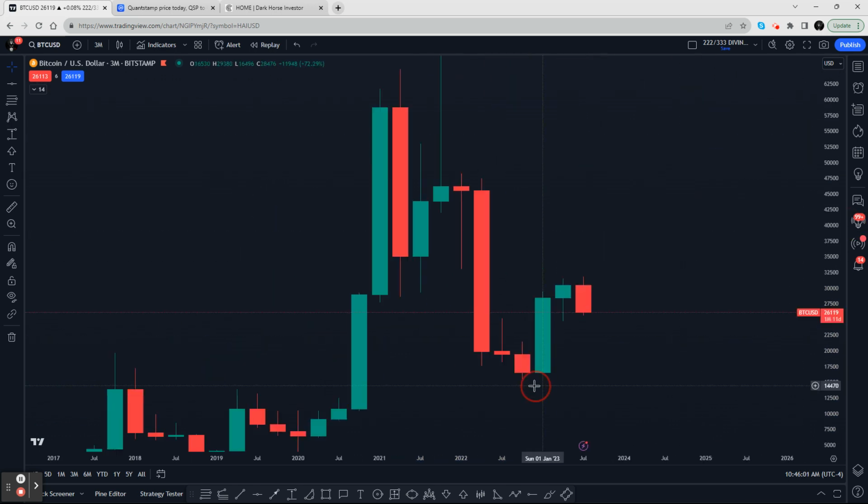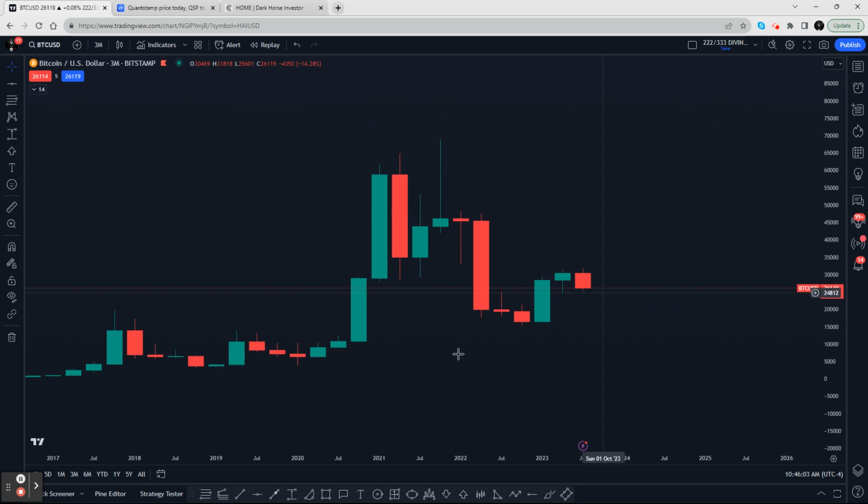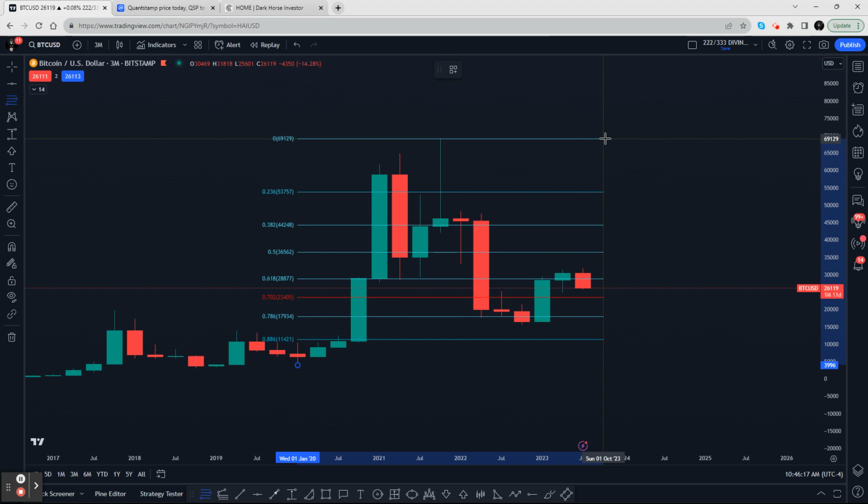Now we have our next impulse, which started from here. This is the last major low, and we can take it from this high up here from October of 2021. So this is what we currently have. We crossed 23%.